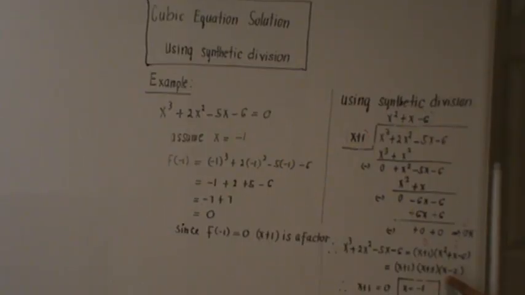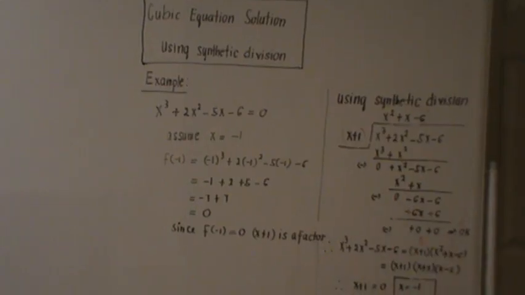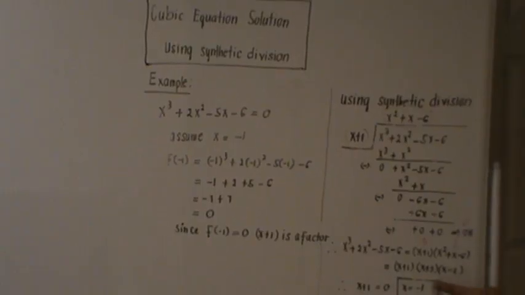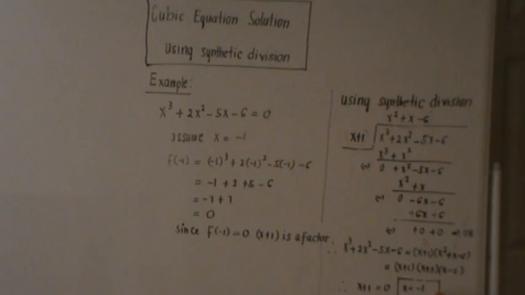And equating the third factor, x minus 2 equal to 0, after the transposition, x will be positive 2. So the three possible values of x, by using synthetic division, are: the first value is negative 1, the next value is negative 3, and the third value is x equal to 2.